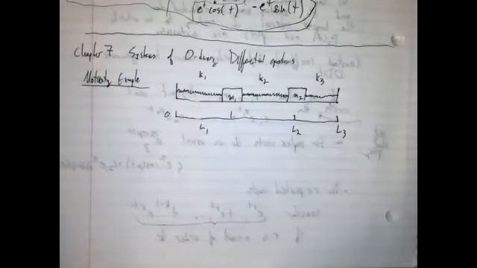Okay, so if I want to write down differential equations which govern the motion of these two masses if they're displaced from their equilibrium position, then I have to write down two different differential equations, one associated to each mass, right?